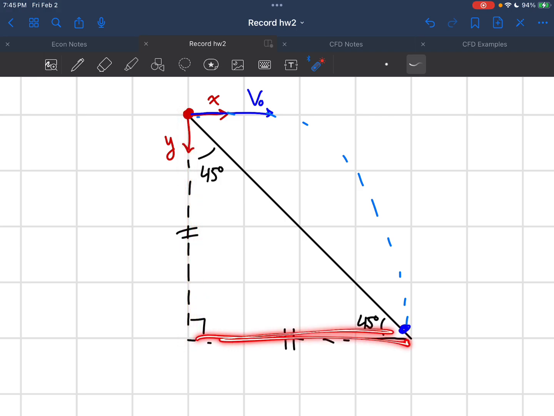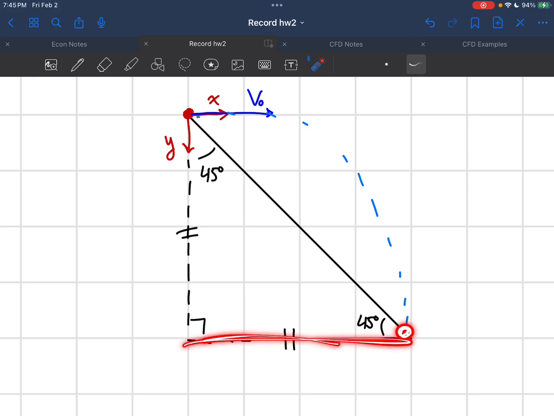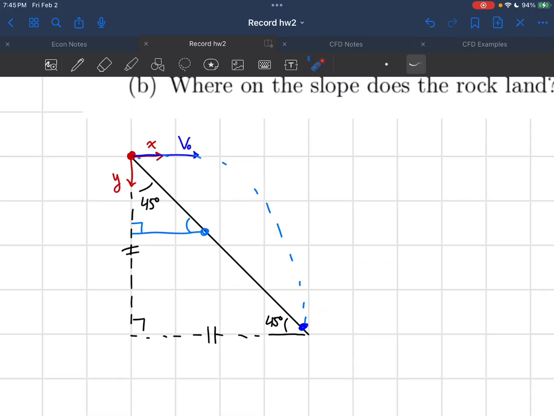And this leg of the triangle would be my final x position from 0. So if the rock is on the slope, my x position has to equal my y position. And this will be true anywhere, say I didn't kick it as hard and it landed here. That's still a 45 degree angle. That's still a 90 degree angle. So my y still equals my x. Okay. So anywhere on the slope, y equals x.